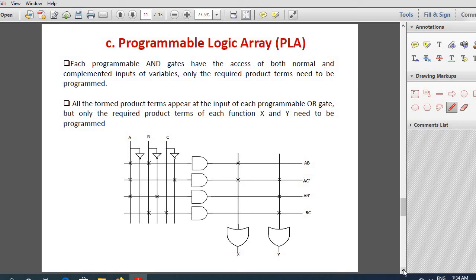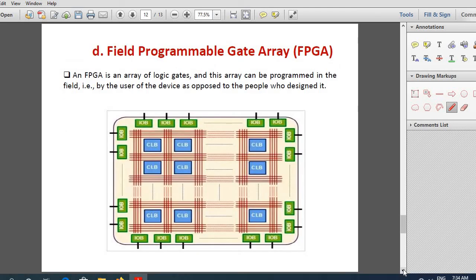So in PLA, the AND gate inputs as well as the OR gate inputs are programmable or fusible. Now the last one is the field programmable gate array. It is actually an array of logic gates. That is, look here, CLBs are arranged in rows and columns.